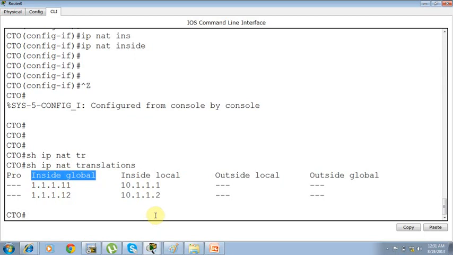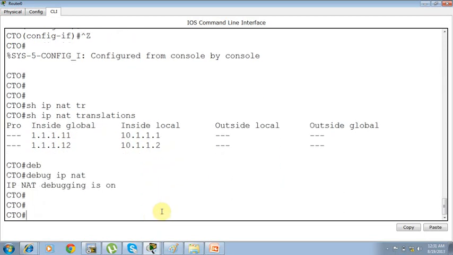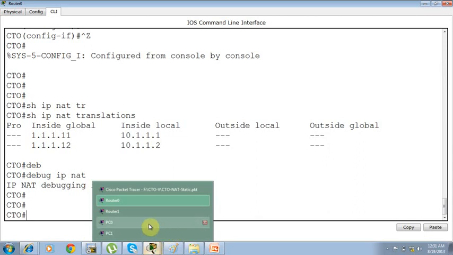So we configured the command here, debug ip nat. This command will show the single moment activity of NAT. Means whenever a packet travels through the router it will perform NAT, and this debugging will show that translation.